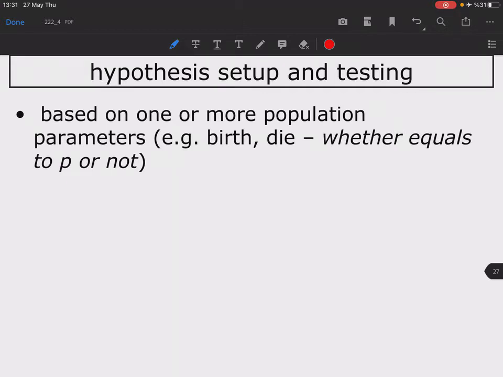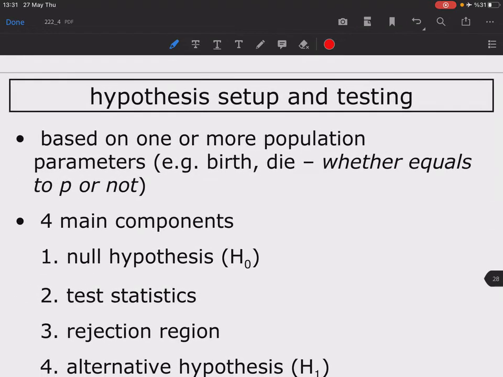For example, guessing the sex of newborns, or when you roll a die, whether the probabilities are equal to what you're expecting in general, like 1 over 6 for each of the numbers, each of the faces. That's it. So you first set it up and you go ahead and test it.